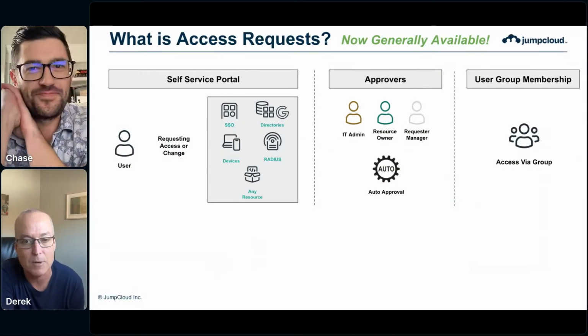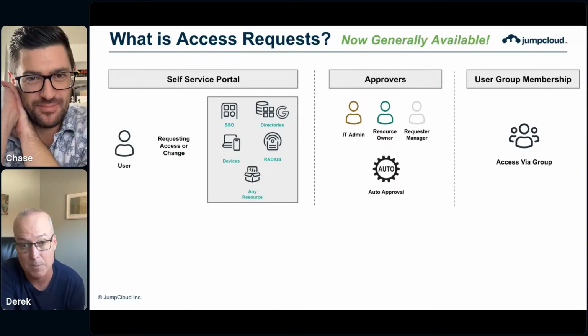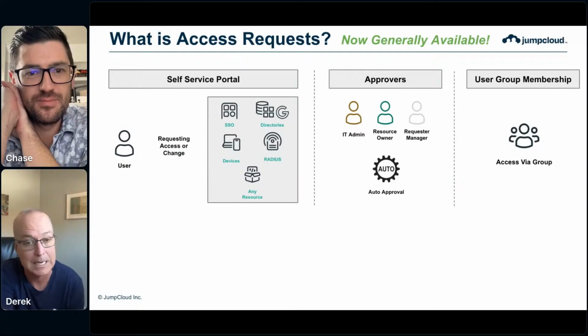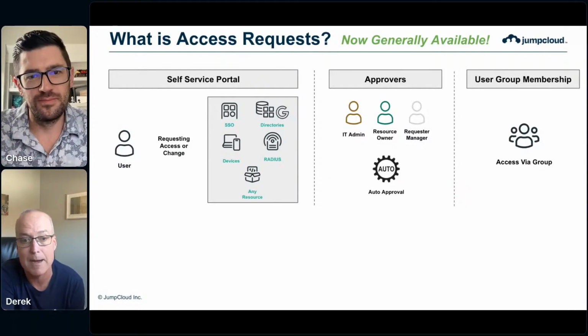What is an access request? Well, first off, we are generally available. So our access request capabilities, everything I'm going to show you right now, is generally available for any customer that has a tenant on JumpCloud. And so what is access request? Really what this is about is enabling the end user to self-serve a request for things that an administrator has configured for them to request.